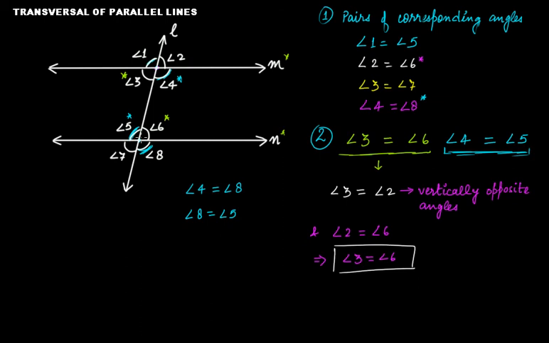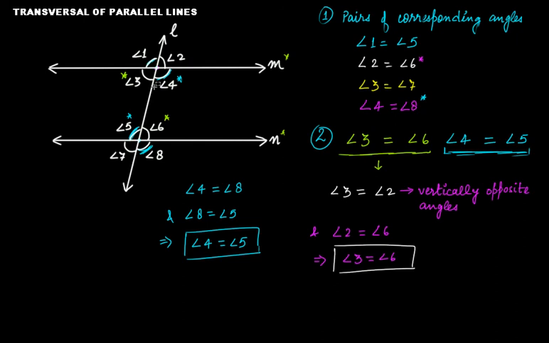Therefore, from these two, angle 4 is equal to angle 8 and angle 8 is equal to angle 5, so angle 4 is equal to angle 5. There we have proved this. Okay, so this was the second point.